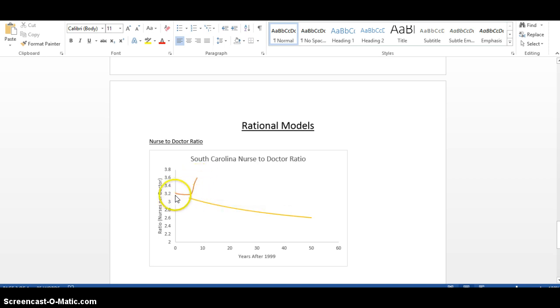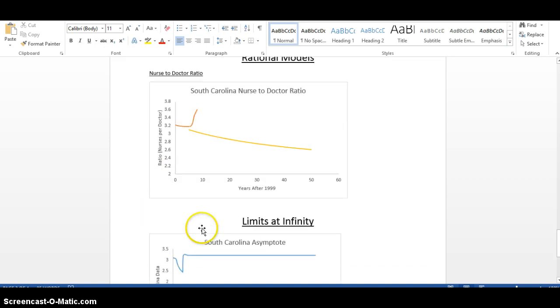This is the actual ratio from nurse to doctor. As you can see, it happens to be decreasing over the years. And I added titles: the chart title here, the horizontal axis title, and the vertical axis title right here.